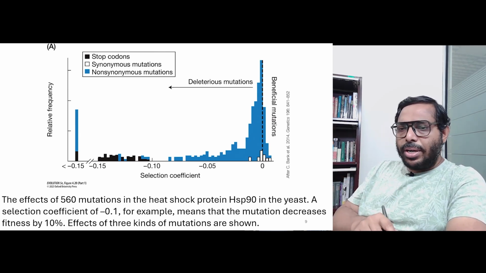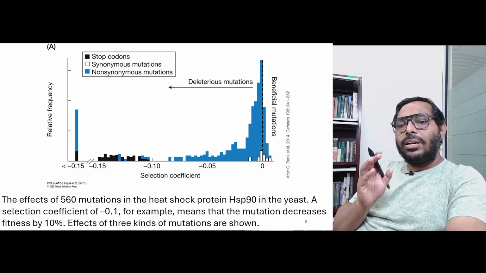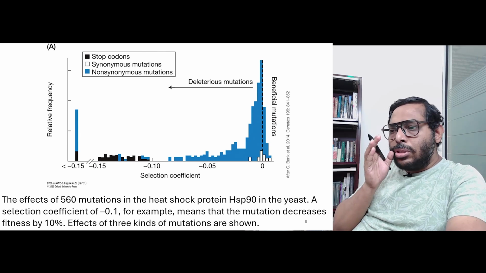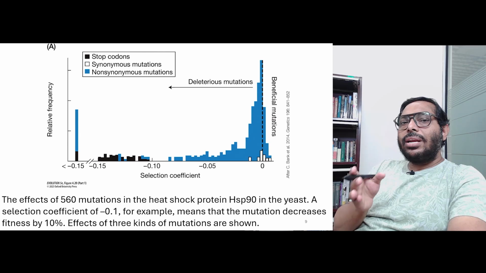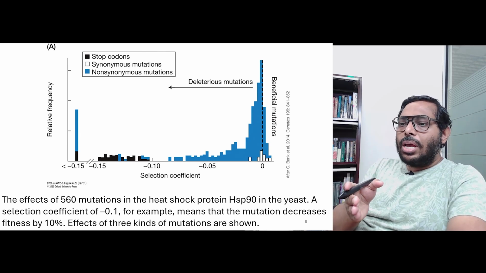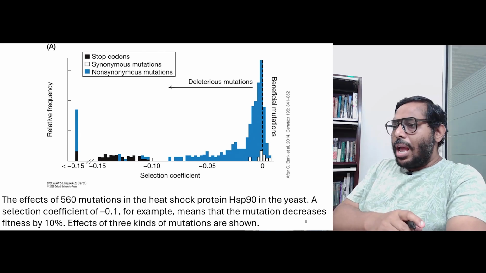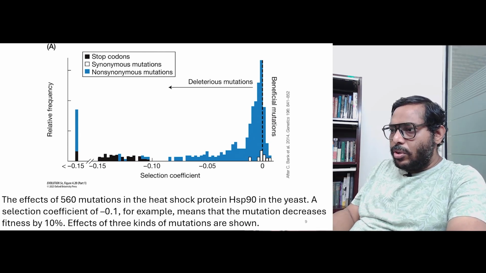So, what these people did was they took 560 different mutations and asked what effect is this having on the organism. Okay. In other words, is it benefiting the organism or is it harming the organism? And so, this is a slightly busy graph, I need to walk you through this.